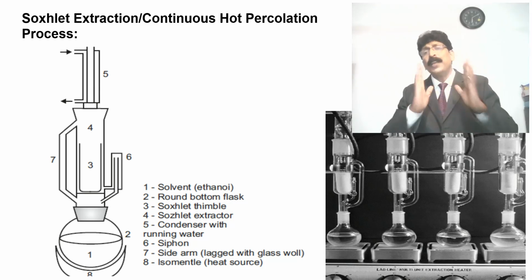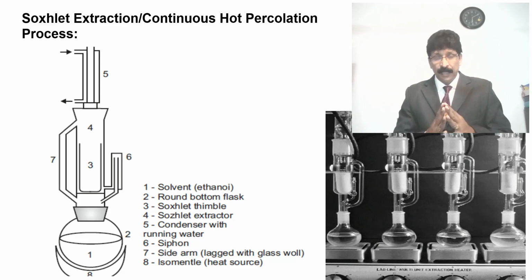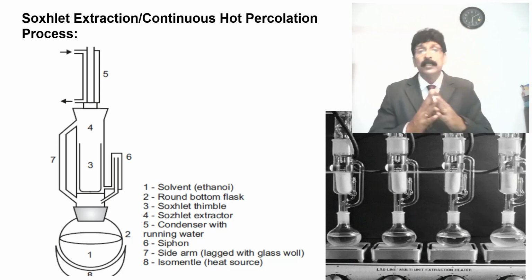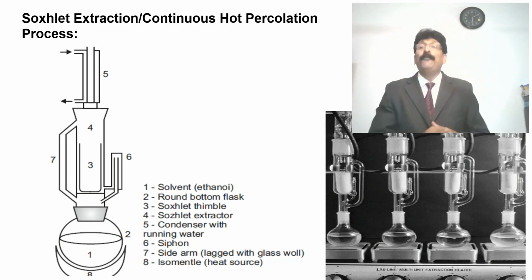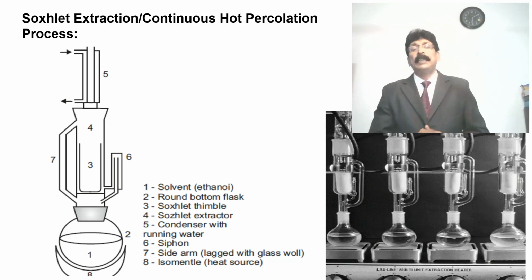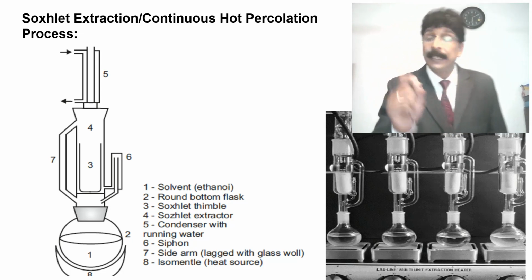Usually they will run 72 hours and watch how many times it siphons, how many times the cycle takes place. These can all be parameters noted down when you are doing the research.